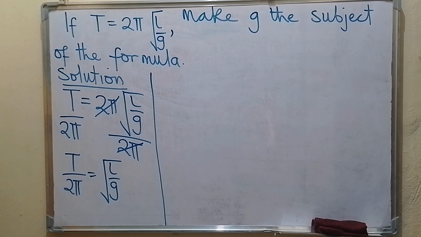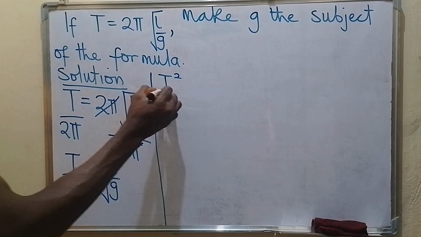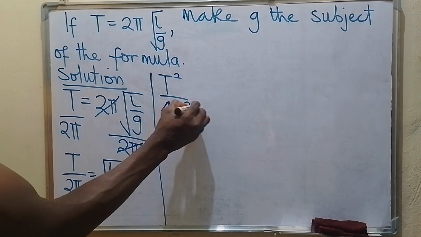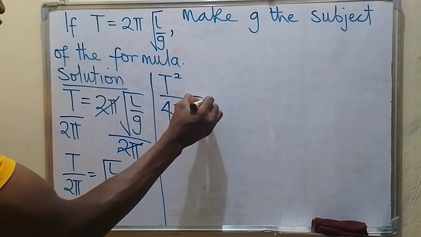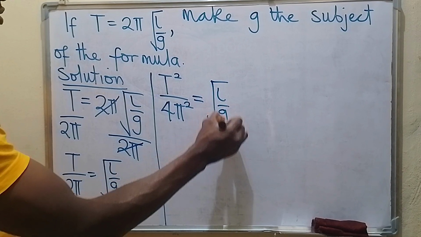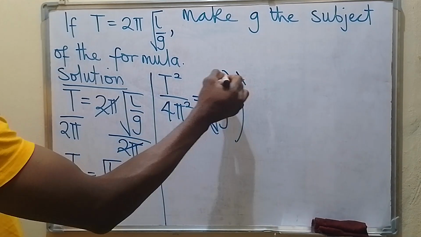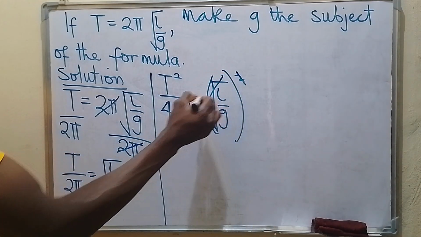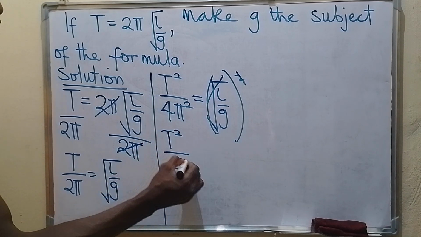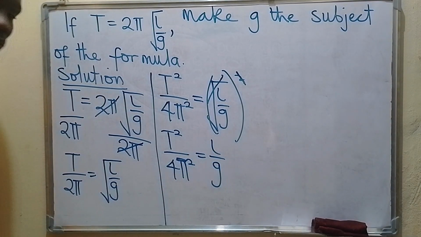So if we square both sides now, we'll get t squared over 4 pi squared equal to the square root of L over G all squared. So this square will cancel the square root sign. So we'll get t squared all over 4 pi squared equal to L over G.